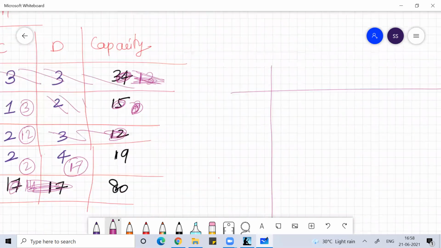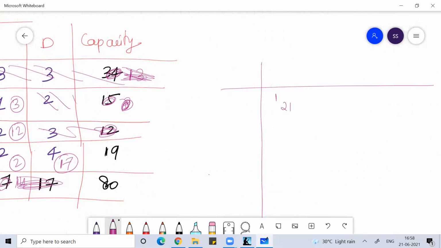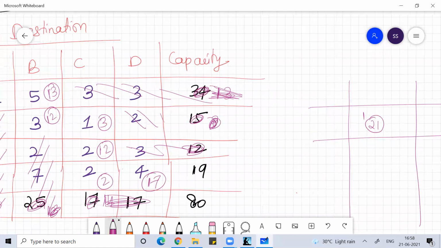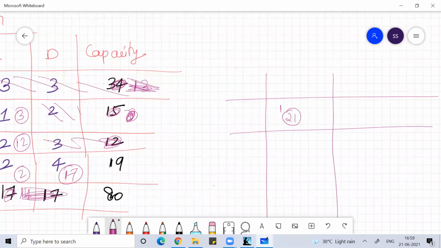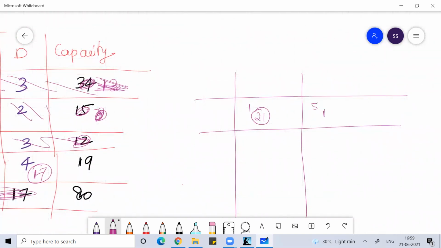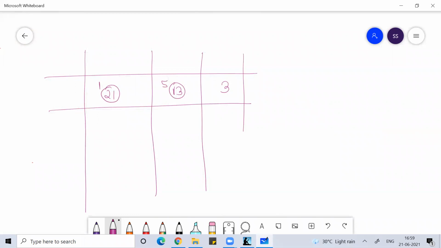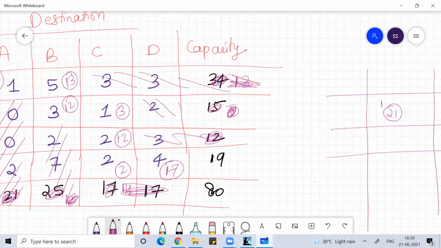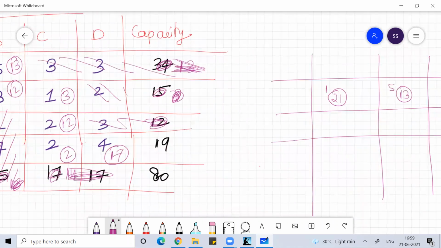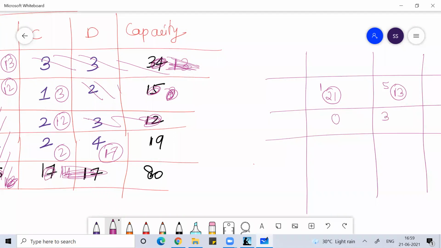The first allocation is 21. Then the next allocation is 13. Then we have 3, and 12.